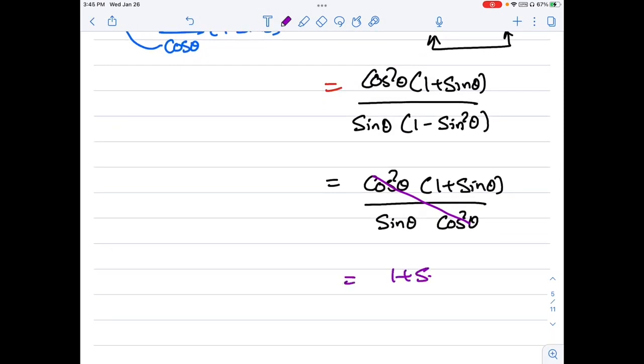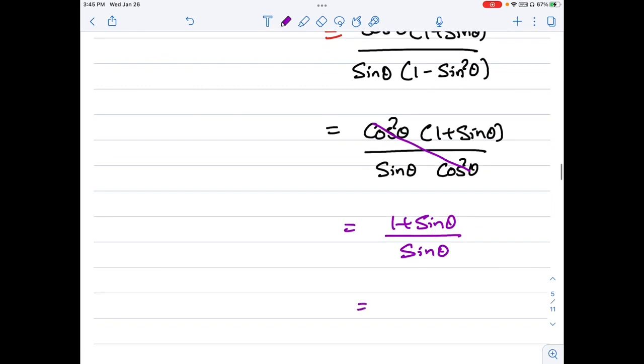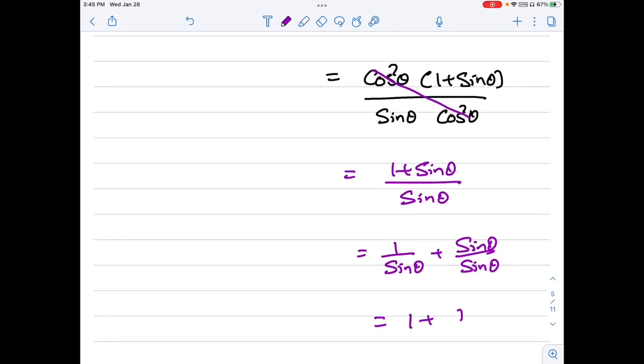I'm left with (1 + sin θ)/sin θ. Bifurcate, it becomes 1/sin θ + sin θ/sin θ, which is 1 + 1/sin θ.